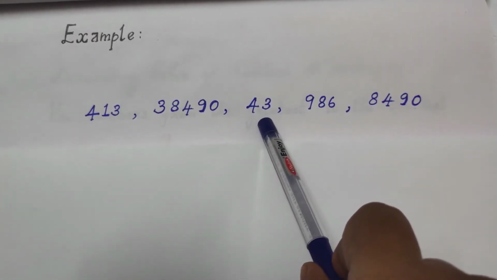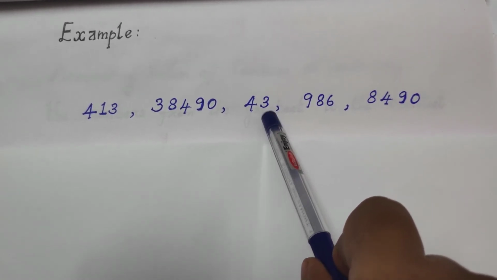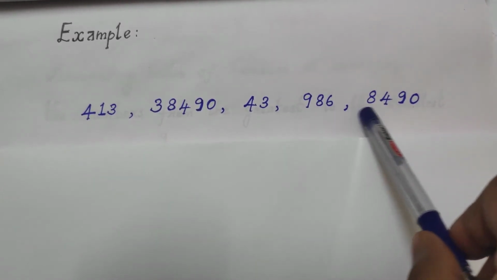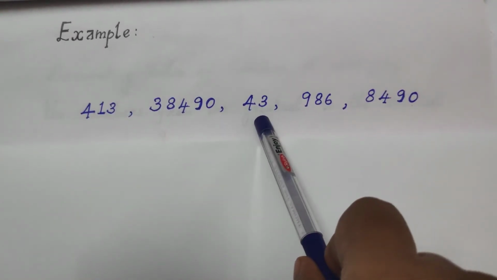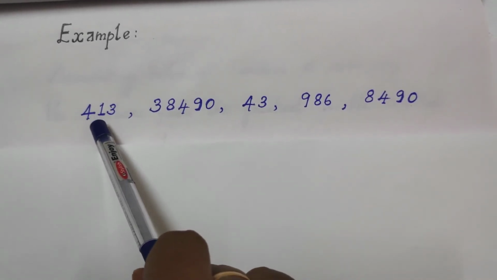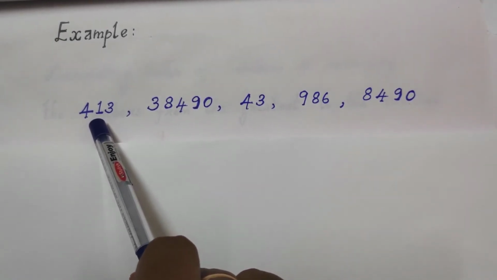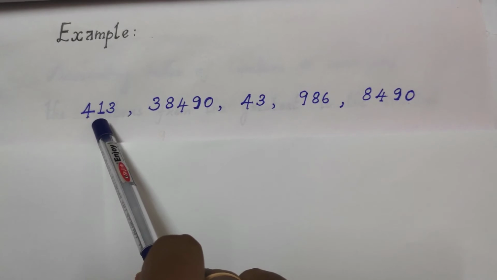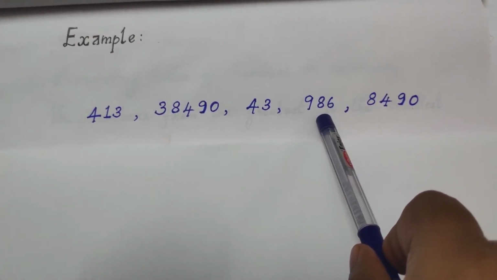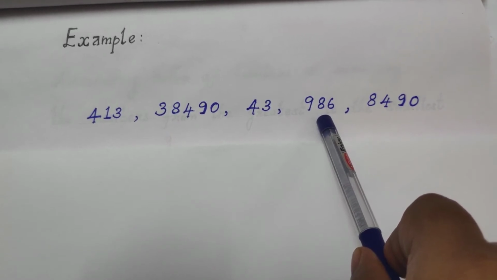So, at first we will write 43 because 43 is the smallest among these numbers and it has only 2 digits. The next number greater than 43 is 413. It is a 3-digit number. We also have one more 3-digit number, 986.